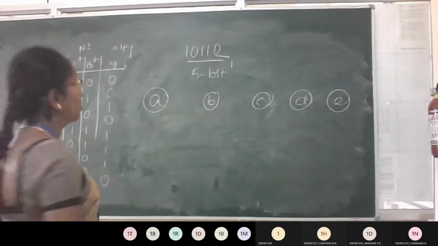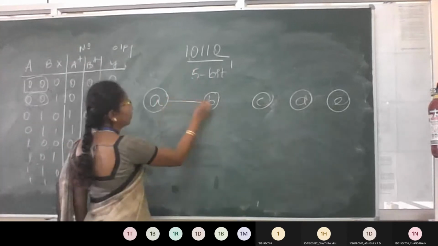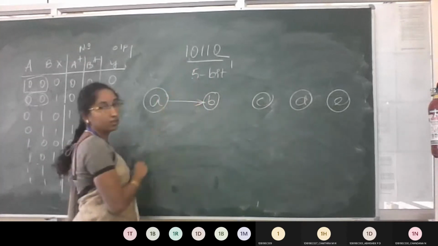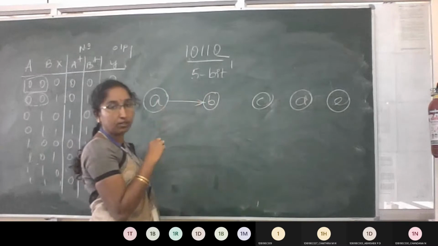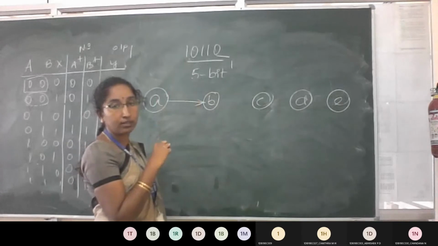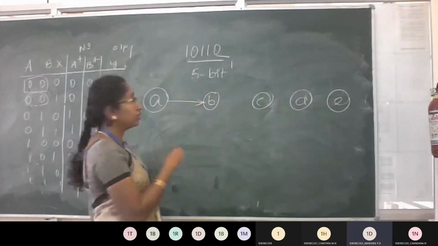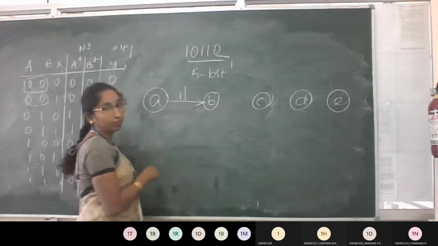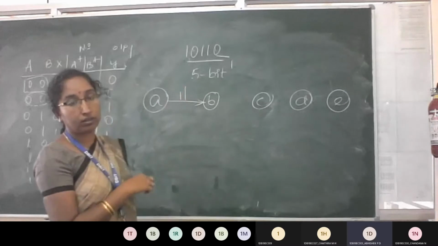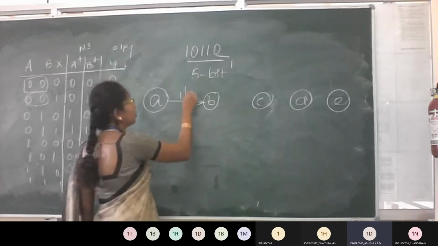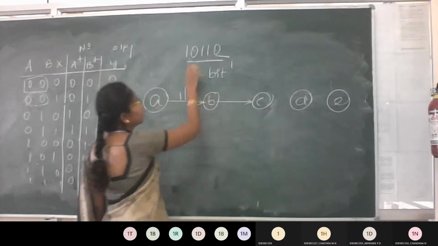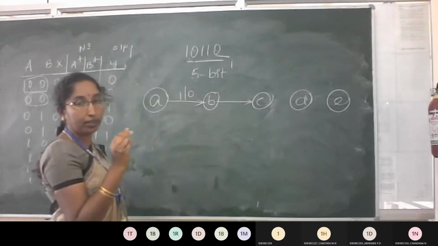Now, when you are moving from A to B, what is the first bit of your sequence? 1. What is the output now? 0. Now from B to C, what is the second bit?